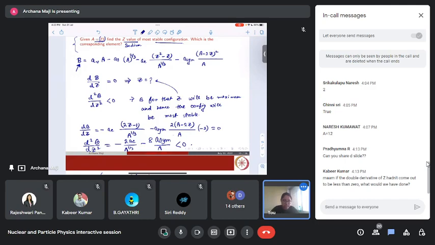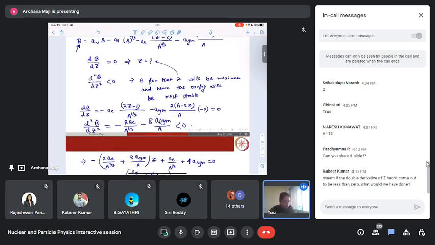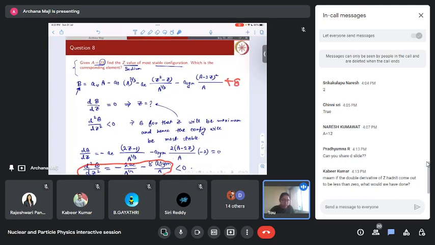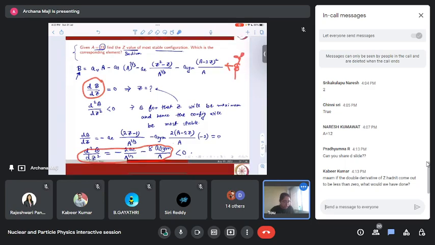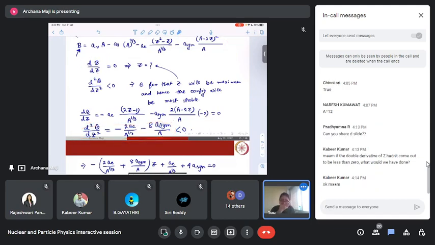If you take the derivative of B with respect to Z for any A, it only depends on this A, and the signs are always negative, so it will always come out to be negative, as you can see just by looking at this expression. Even if you consider this pairing term, that is again a constant. When you take the first derivative, that pairing term will anyway go to 0. So ultimately this double derivative of B with respect to Z will always be negative. Okay.